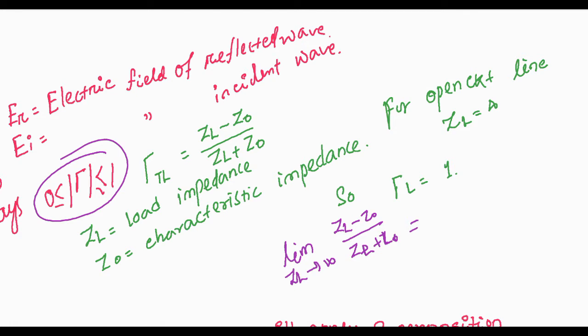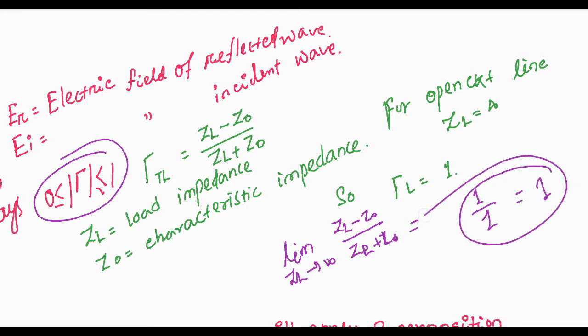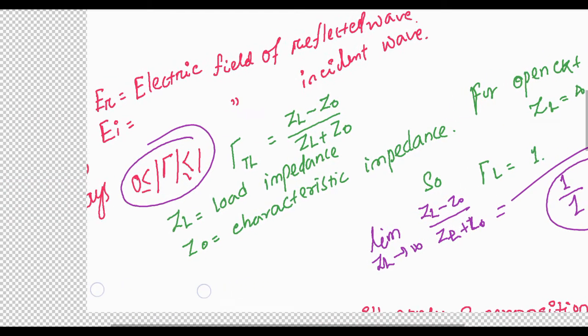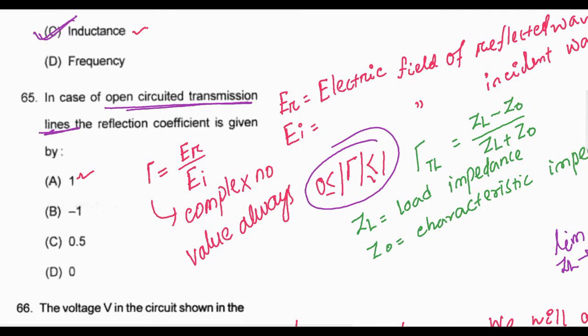So if we apply L'Hospital's rule, this will be 1 by 1, that means 1. So the given question, reflection coefficient for open circuited transmission line, the answer will be 1.